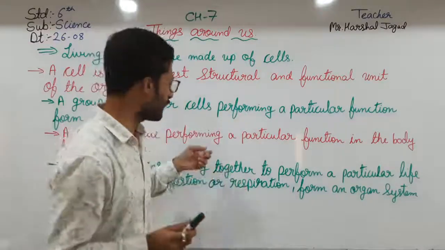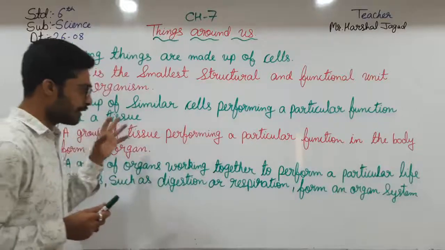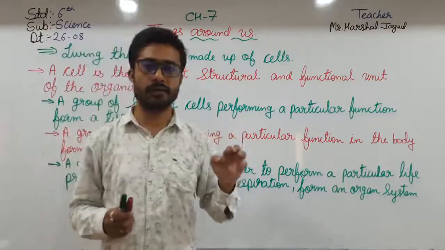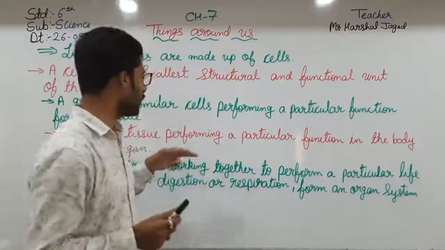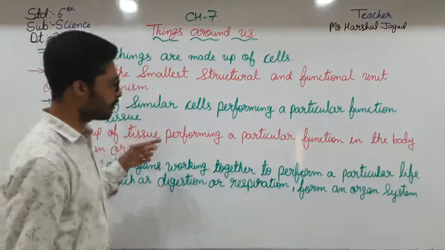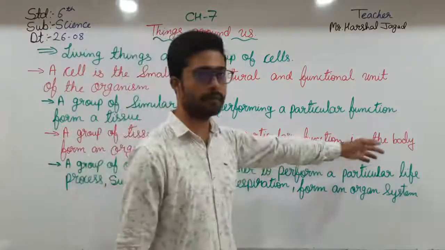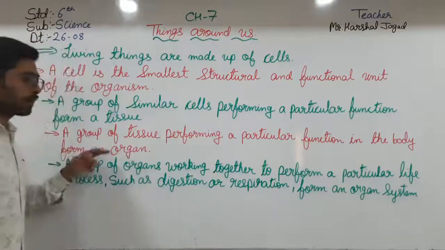After that, similar tissues which perform similar functions form an organ. So a group of tissues performing a particular function in the body forms an organ.